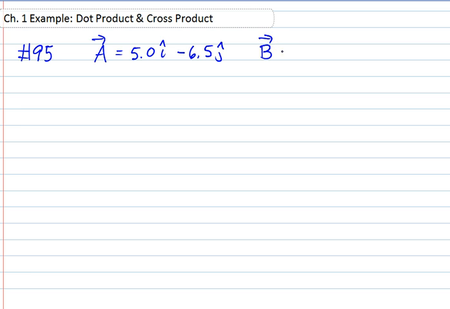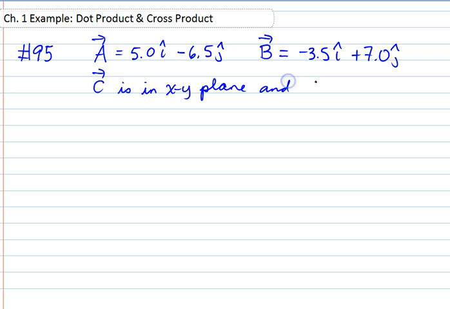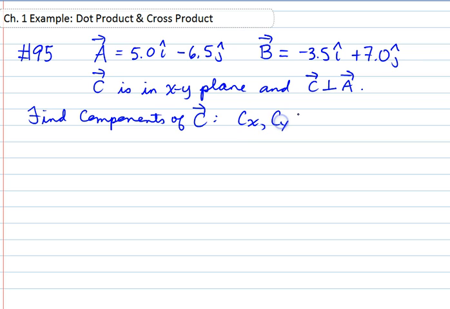Vector B is negative 3.5 i hat plus 7 j hat, and we're also told that vector C is in the same xy plane as A and B, and C is perpendicular to A. From this, we're asked to find the components of C, Cx and Cy, and sometimes we put them in little brackets like this.